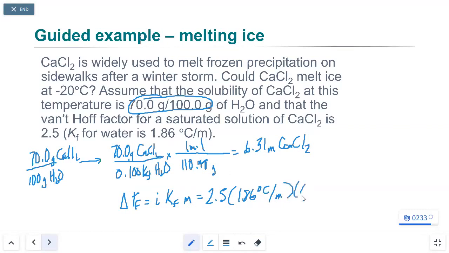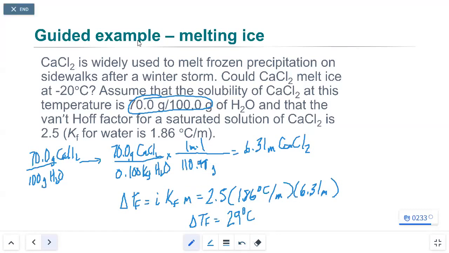Concentration we just calculated, 6.31 molal. So our freezing point depression, 2.5 times 1.86 times 6.31, to two significant figures because of the 2 in the van 't Hoff factor, is 29 degrees Celsius.